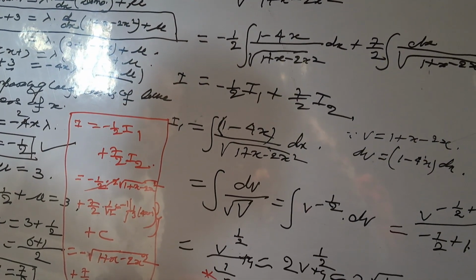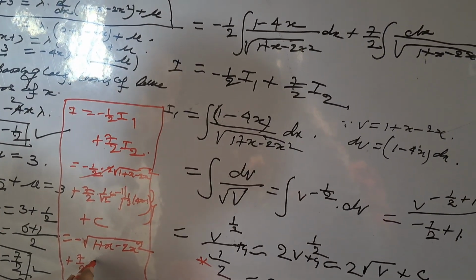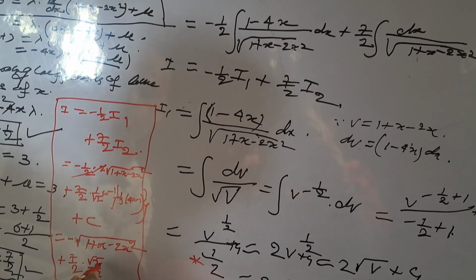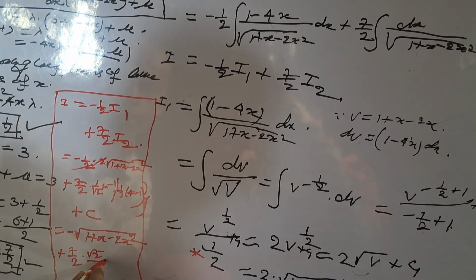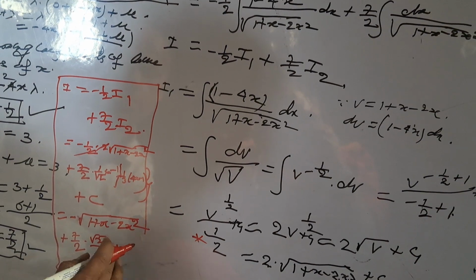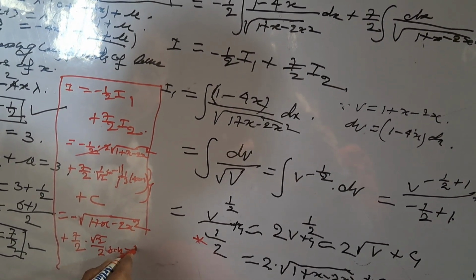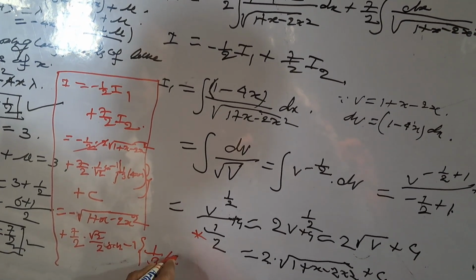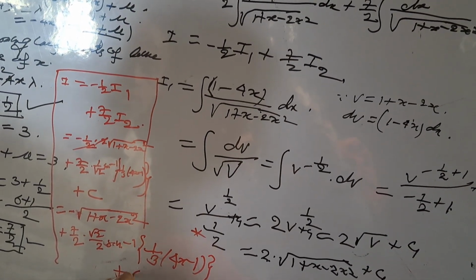That means 7 by 2 into root 2 by 2 sine inverse of 1 by 3 (4x minus 1), finally plus c.